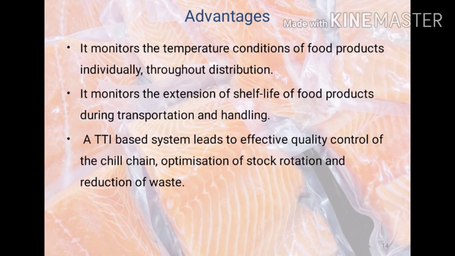This time temperature indicator monitors the extension of shelf life of food products during transportation and handling. A time temperature indicator based system leads to effective quality control of the chill chain, optimization of stock rotation, and reduction of waste. The assumption is that all the products have gone through uniform handling.